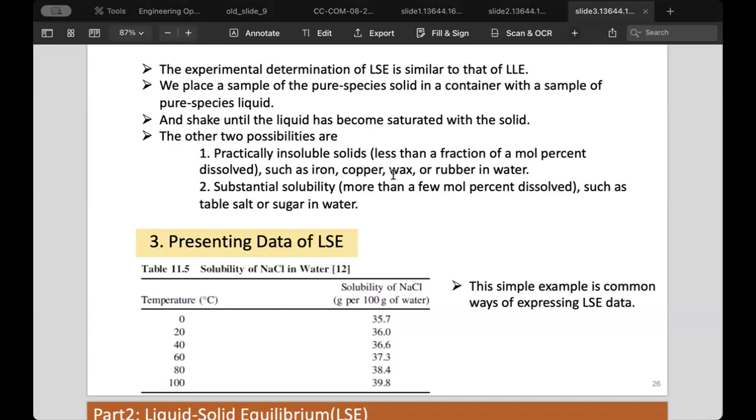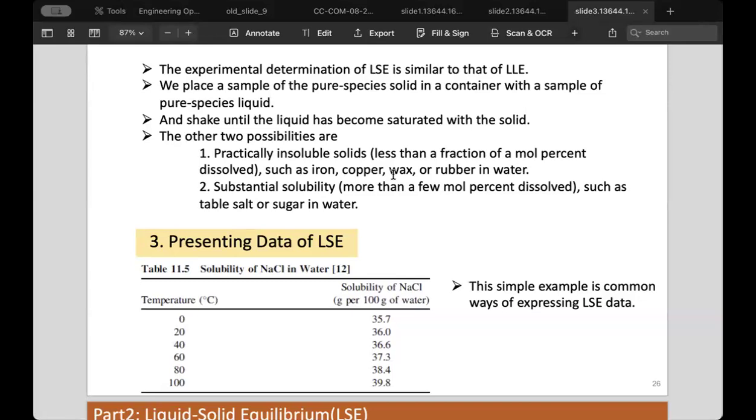If the temperature increases, the solubility of sodium chloride increases also. At 100 degrees Celsius, the solubility of sodium chloride reaches 39.8 gram. So you see that solubility increases with temperature, right?